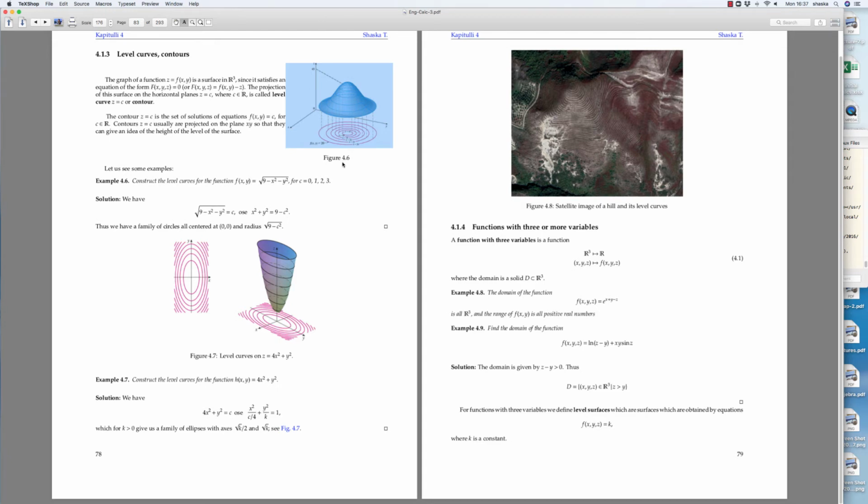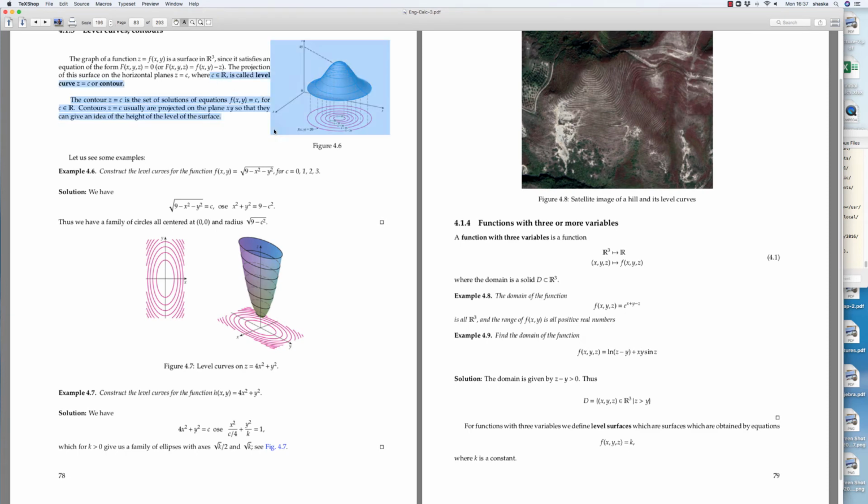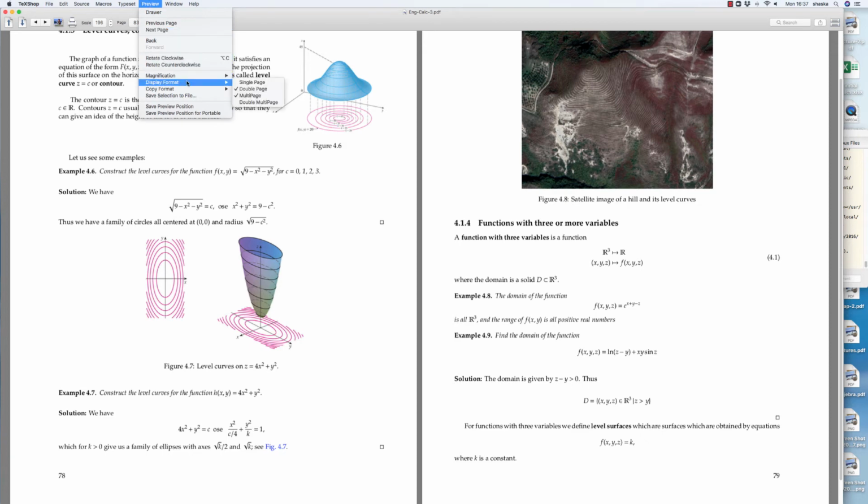But it makes more sense to actually represent them down here. So these blue cuts or lines up here become, look at what they become, these pink lines down here.